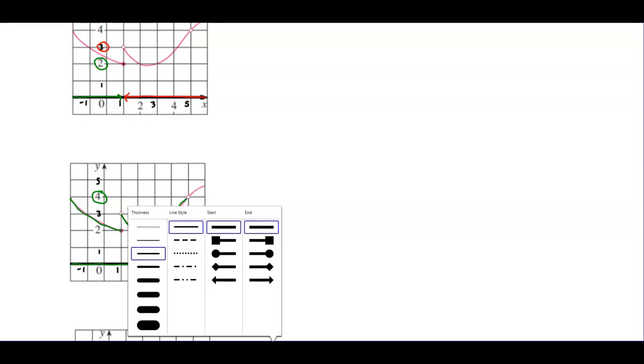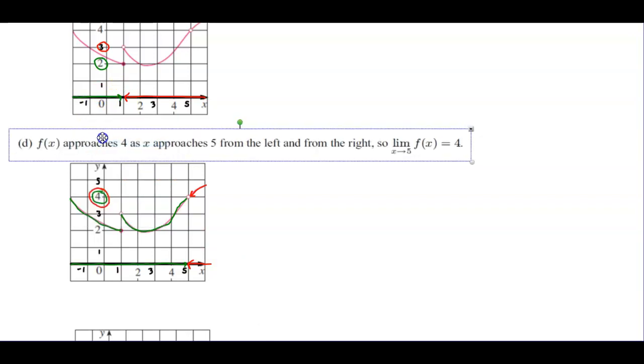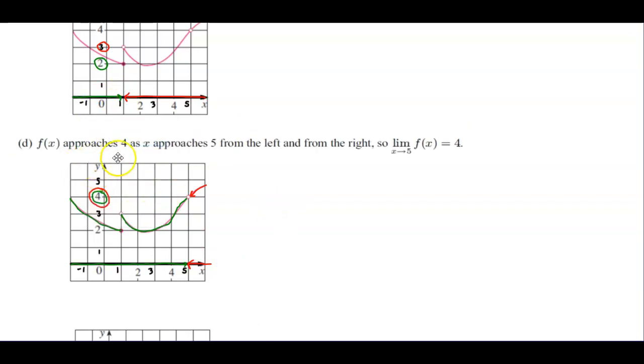And then on the right side, as x is approaching 5 here, this function is also approaching 4. So therefore, as f of x approaches 4, as x approaches 5 from the left and from the right, the limit as x approaches 5 of f of x is equal to 4.